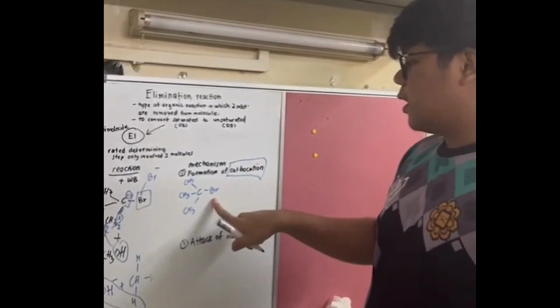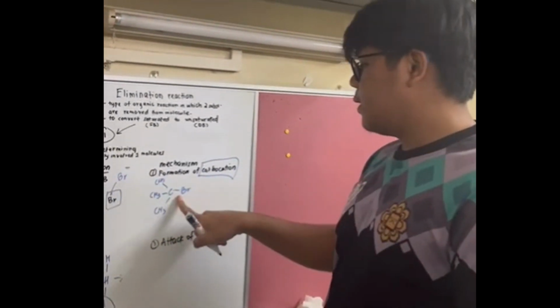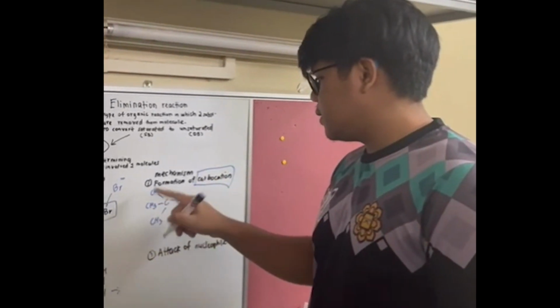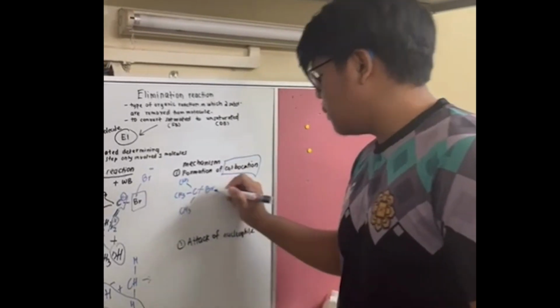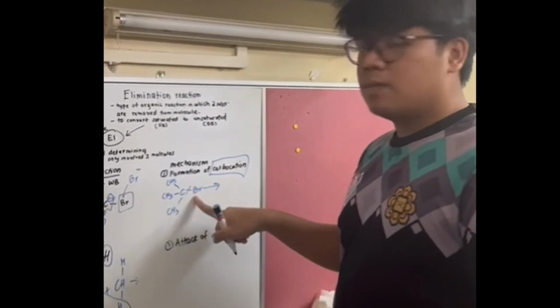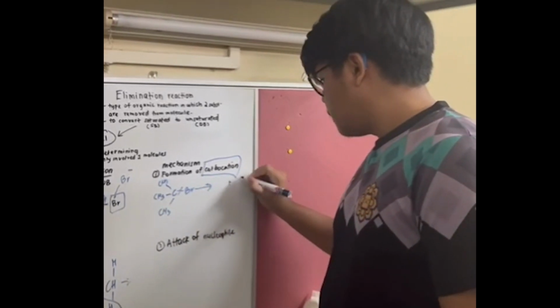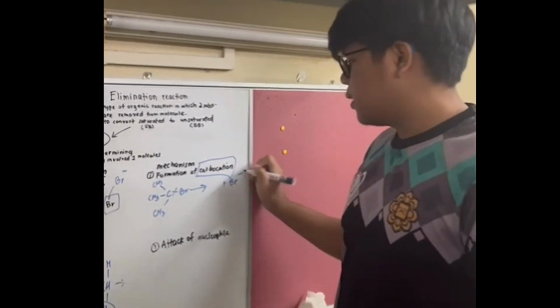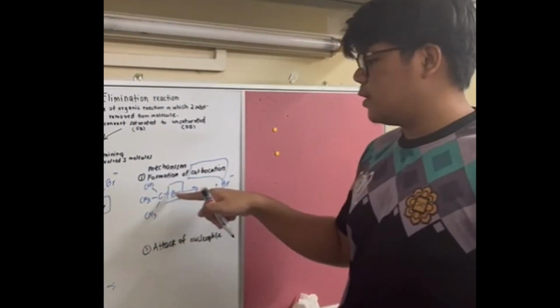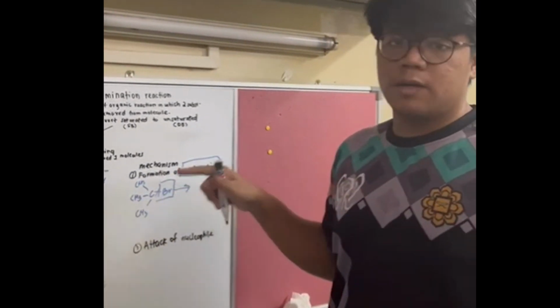As I said, the first step, we will eliminate this Br from the molecule, and we will get bromide ion. This is eliminated because bromine is more electronegative.